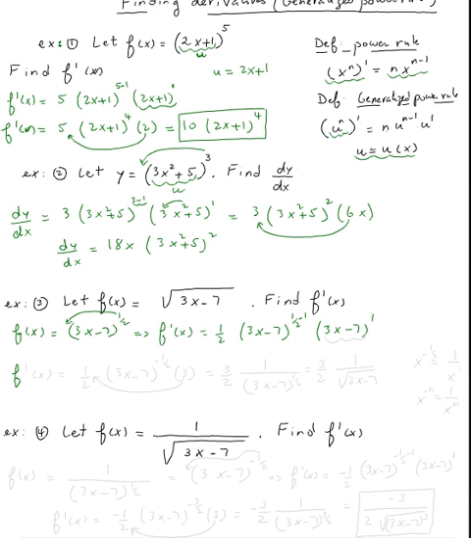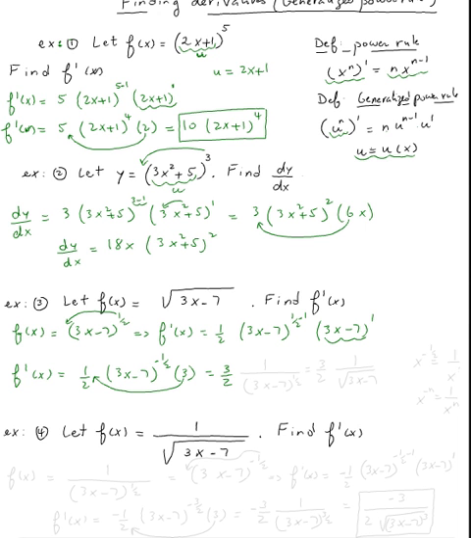And don't forget the derivative with respect to x of the inside. Right? Now f prime of x is equal to 1/2, and then (3x minus 7) to the 1/2 minus 1, which is negative 1/2, and the derivative of 3x minus 7 is just 3. Now I'm going to multiply 3 by 1/2, so it's going to give me 3/2.